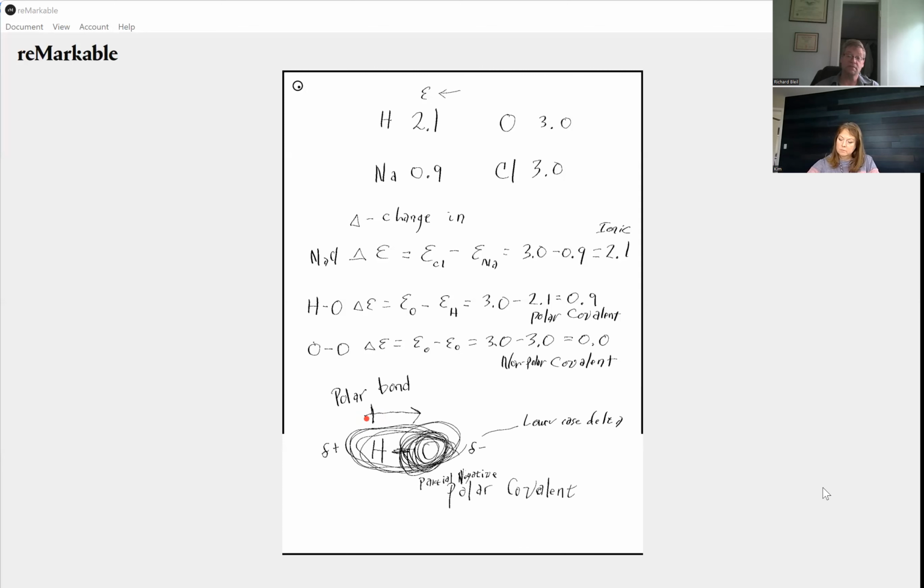The hydrogen is the partial positive, and we put the plus side of this arrow towards the partial positive. It points in the direction of where the electrons are spending most of their time, so it always points to the partial negative side. So the partial negative is here where the arrow ends.